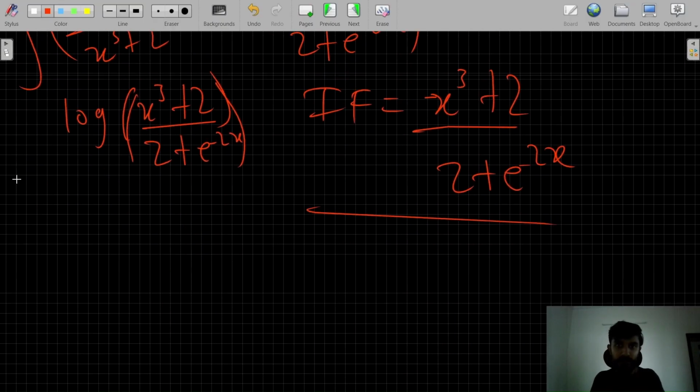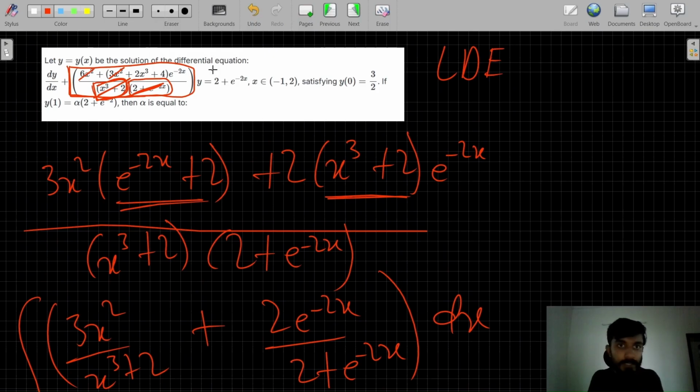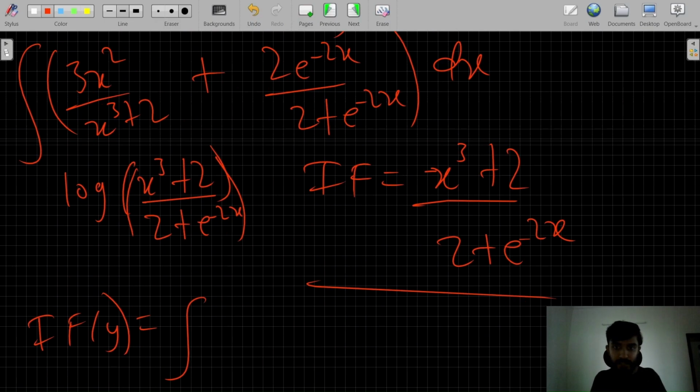What is the solution? The solution is integrating factor into y is equal to integrating factor multiplied by this term. And lo and behold, what is this? This is exactly this term in the denominator. So this is what JEE Mains intended, for it to cancel out.